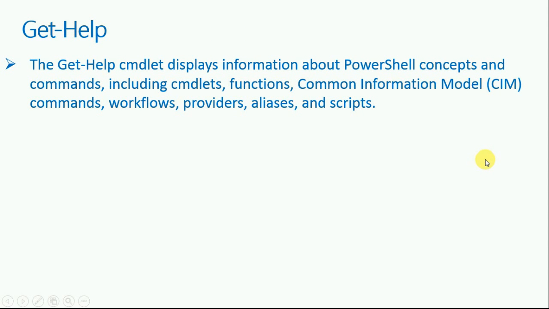So the question is, what are all those things we can explore using the Get-Help cmdlet? We can get detailed information about PowerShell concepts, commands, including cmdlets, functions, Common Information Model commands, workflows, provider aliases, or a script. For any of these things, if we want to know more information, then we can use Get-Help. We just have to pass the cmdlet or workflow in front of this cmdlet, and then we will get detailed information about it.